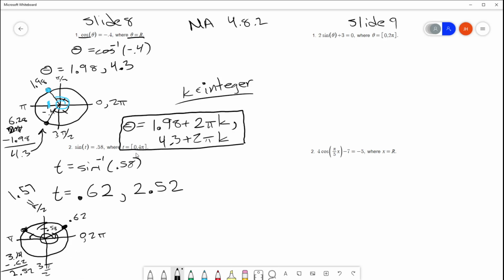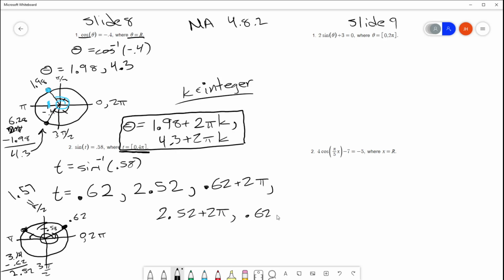Now, what's important to look at, guys, is your domain. I have a domain from 0 to 4 pi, so it's not going to be the general solution like number 1 was, but I could have 0.62 plus 2 pi. I could also have 2.52 plus 2 pi.